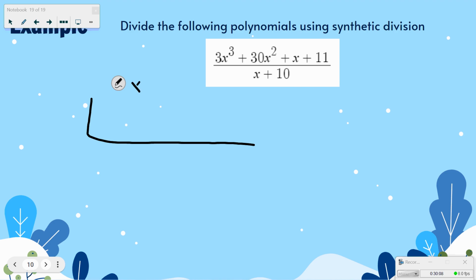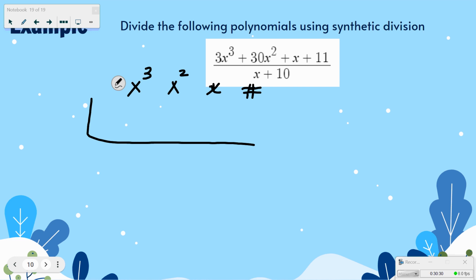To set it up, I'm going to notice what's my highest degree in my numerator that I'm dividing. 3. So think about writing in standard form: I have my x cubed, then my x squared term, then my x term, then just my number term at the end.